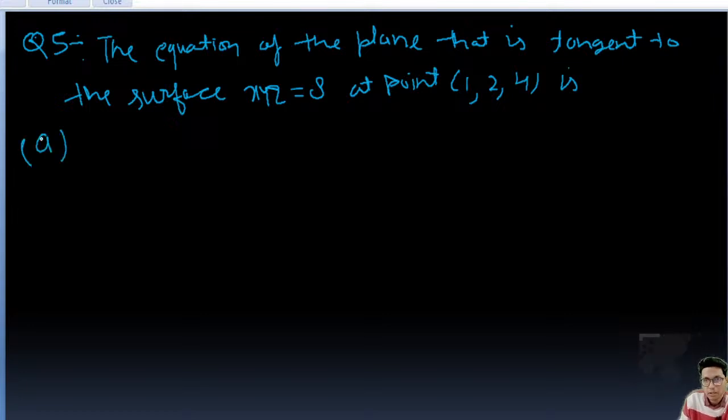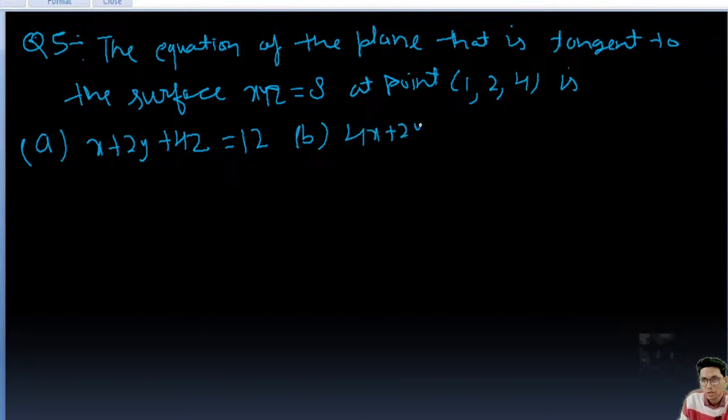Options are: A, x plus 2y plus 4z is going to be equal to 12. Option B is 4x plus 2y plus z is going to be equal to 12.